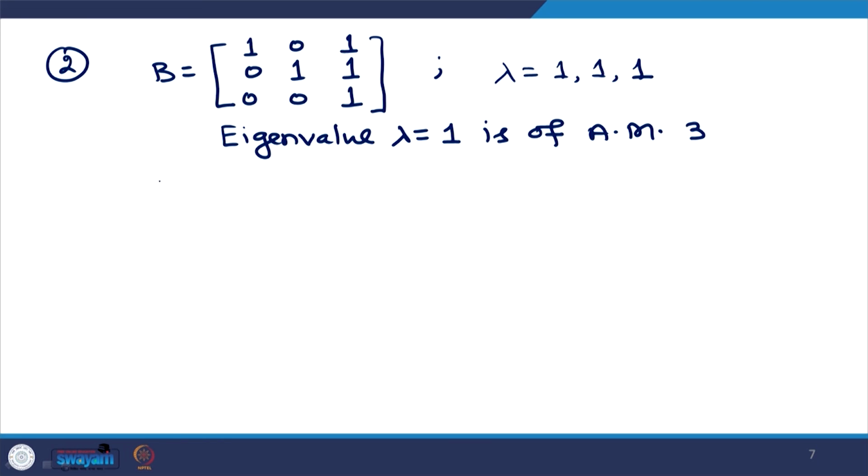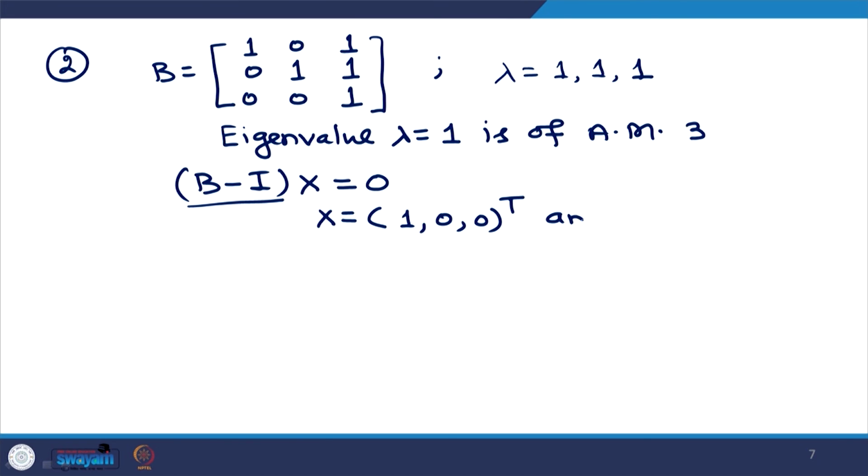Now, if you find the eigenvectors corresponding to lambda equals 1, you have to solve (B minus lambda I)x equals 0, and in the null space of B minus I we have 2 linearly independent solutions, meaning the nullity of B minus I is 2, and those 2 vectors are x equals (1, 0, 0) transpose and (0, 1, 0) transpose.